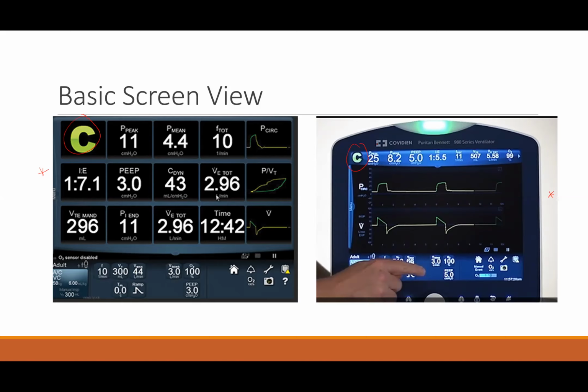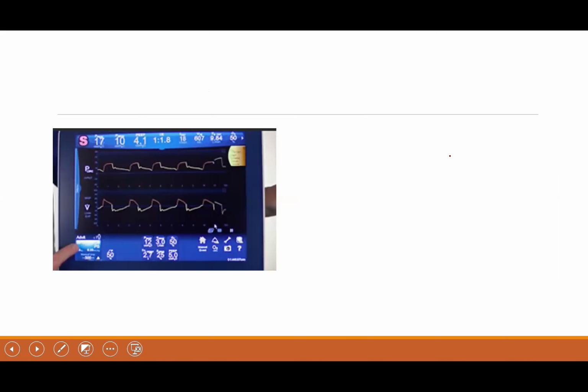That creates a green waveform, and you can see that green waveform on both of these screens. That's very different than this screen, which shows an S, for spontaneous, which also shows up in a red color on the waveform.